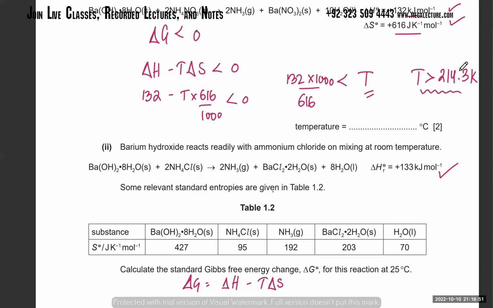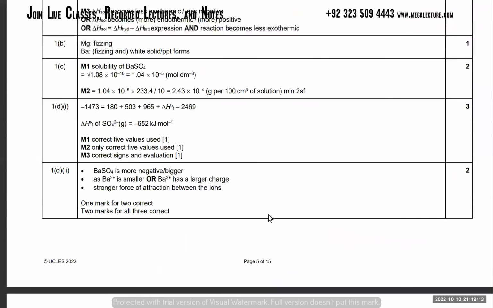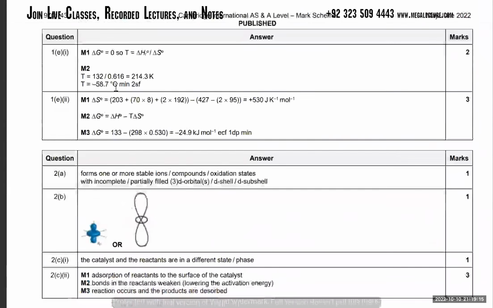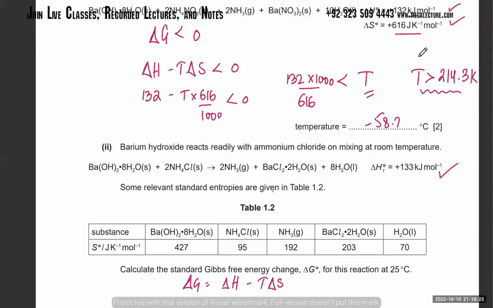If you want to go back into centigrade, you have to subtract 273 from it. Minus 58.7. Let me check the answer for this one as well. That it is minus 58.7. Anyways, is this clear that the temperature was in Kelvins, right? Is this clear? Yes, sir.